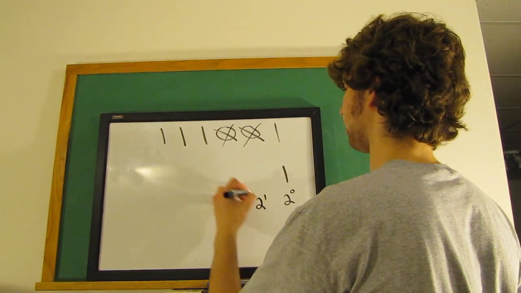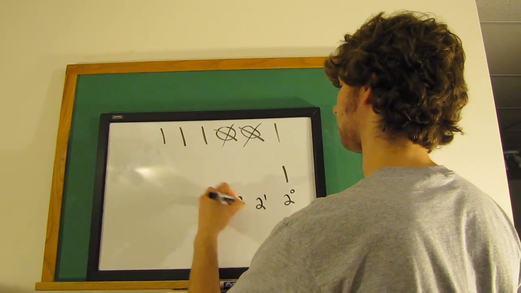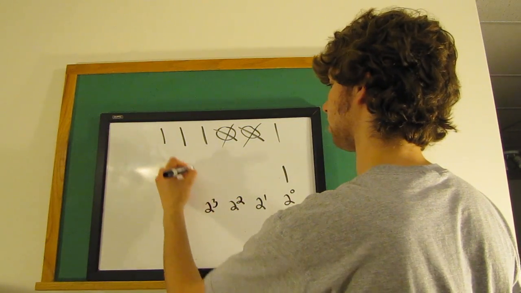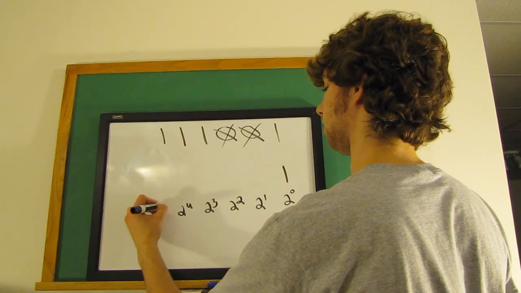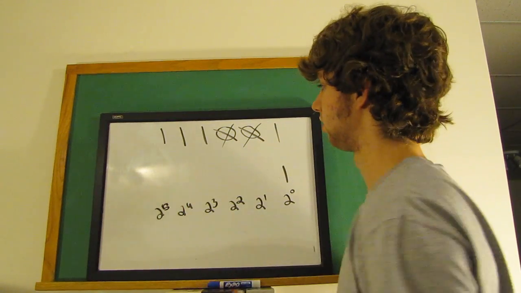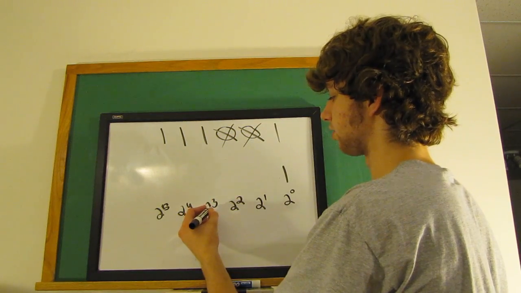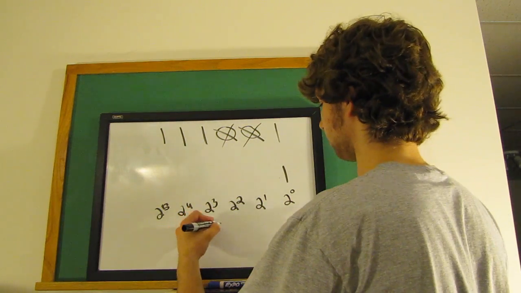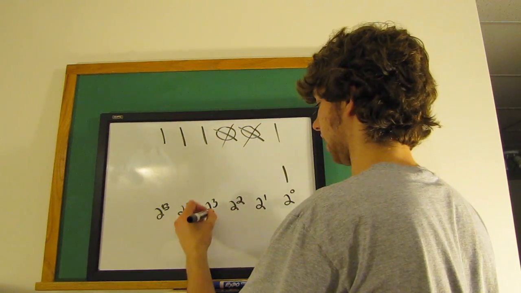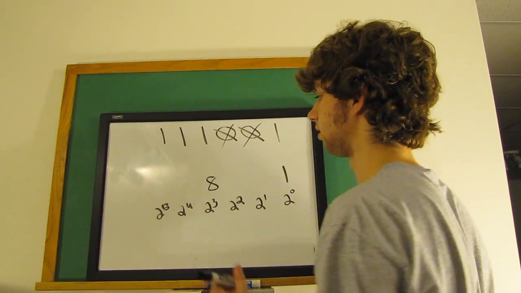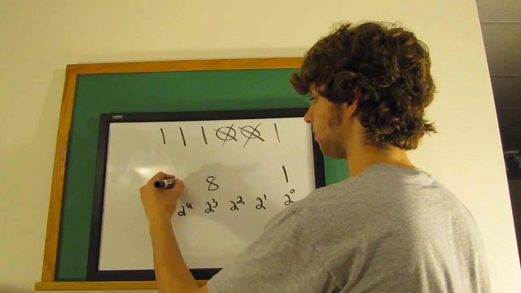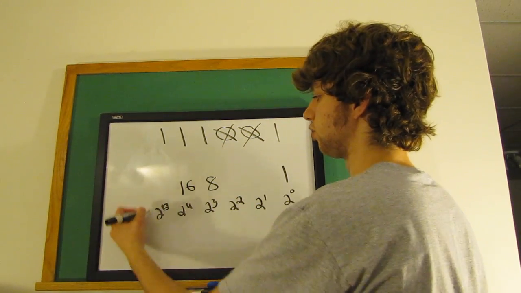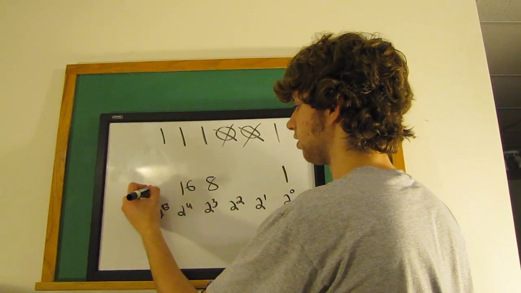This one's 2 to the 1st, 2 to the 2nd, 2 to the 3rd, 2 to the 4th, 2 to the 5th. Okay, so we have to worry about 2 to the 3rd. Well, if you remember from the last example, that's 8. So we have 8. And 2 to the 4th is just twice that, so we have 16. 2 to the 5th is twice that, 32.